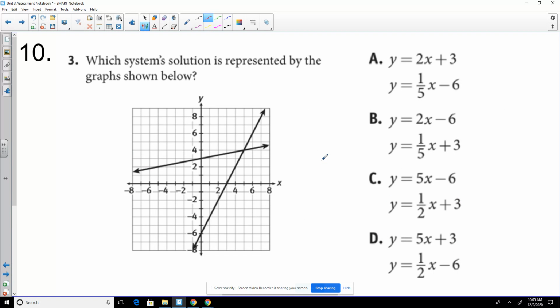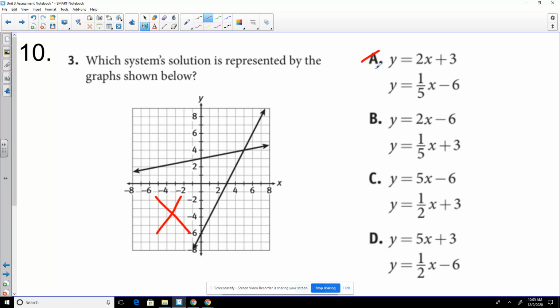Okay, number 10. Which system's solution is represented by the graphs shown below? Okay, so again, you're going to have to graph all of these systems using Desmos. And if you want to practice this, you can individually. But when you graph all of these, 2 of them, which I believe is A and D, end up over here in the 3rd quadrant.